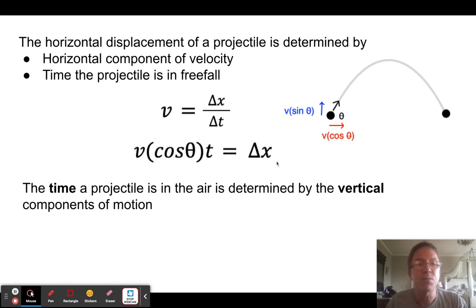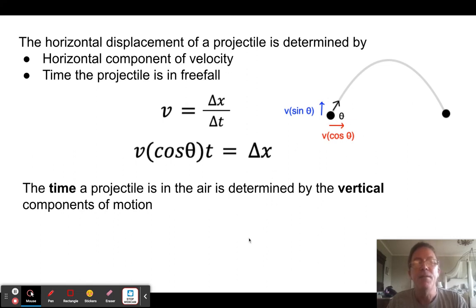And if I want to know displacement, like how far away this thing is going to land, I take the equation that does not involve acceleration and rearrange it for delta x. Normally that's v times delta t, but in this case it's going to be v cosine theta times delta t, because this part over here is v cosine theta.